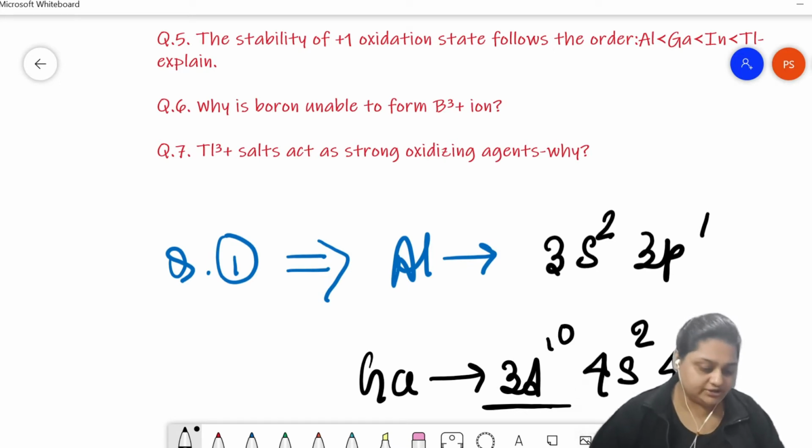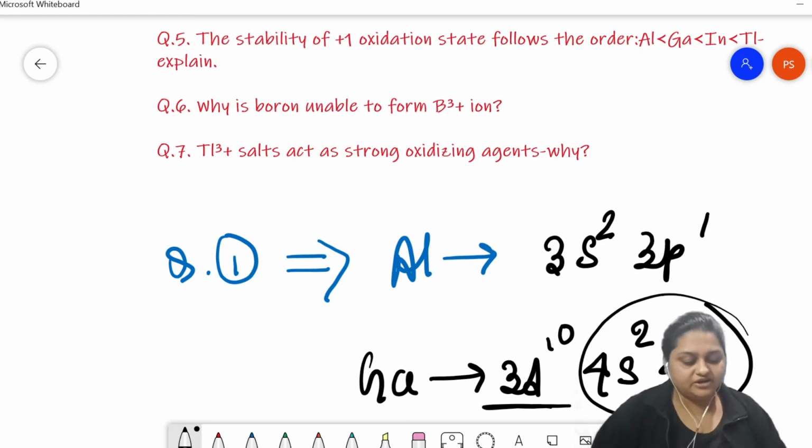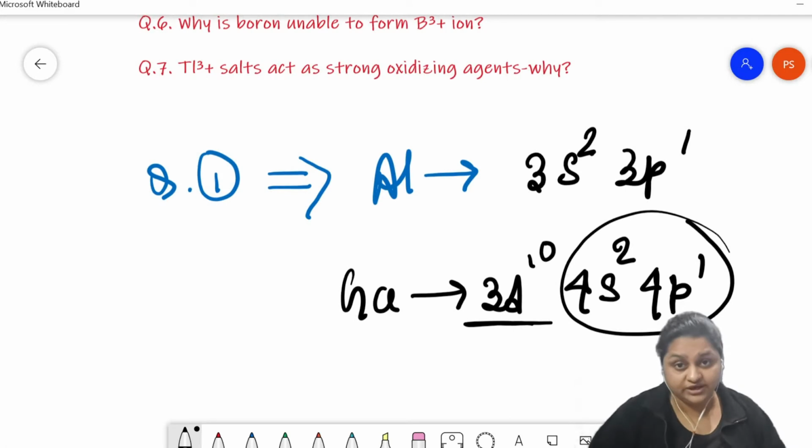This 10d electron cannot shield the effective nuclear charge effectively. As a result, the valence shell experiences comparatively higher nuclear charge, and as a result, contraction in the volume occurs. That's why instead of an increase in the radius from aluminium, the radius of gallium becomes comparatively shorter than aluminium. That is the reason why the radius of gallium is less compared to aluminium.